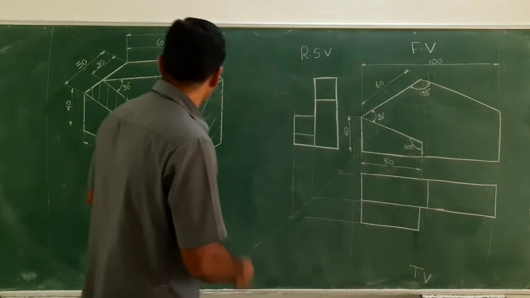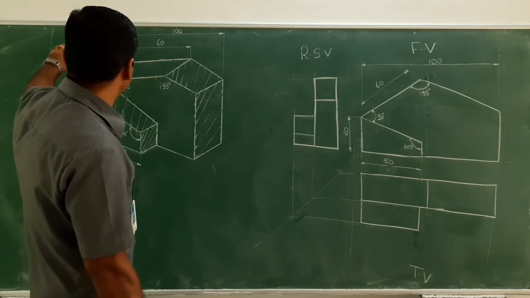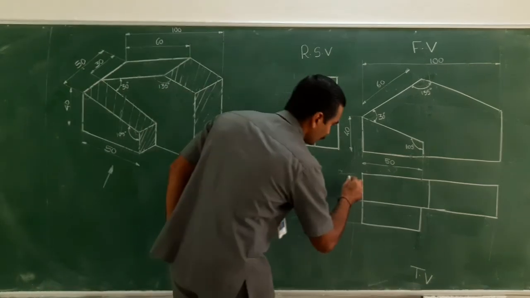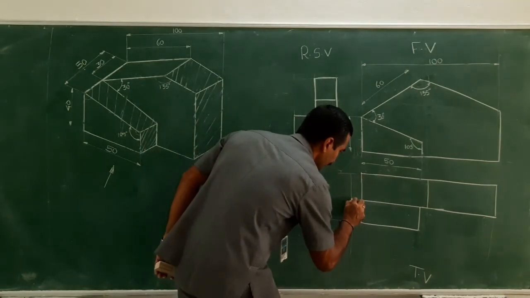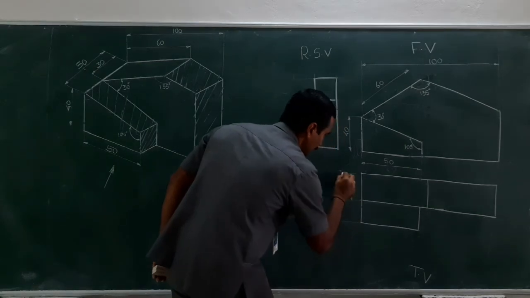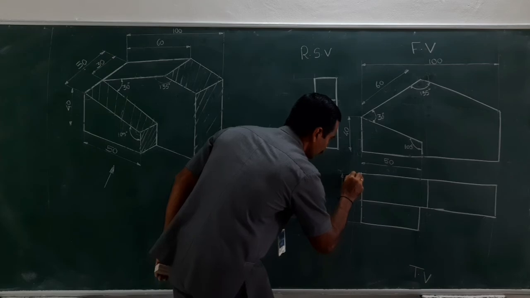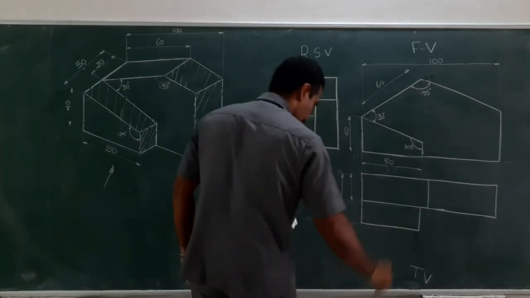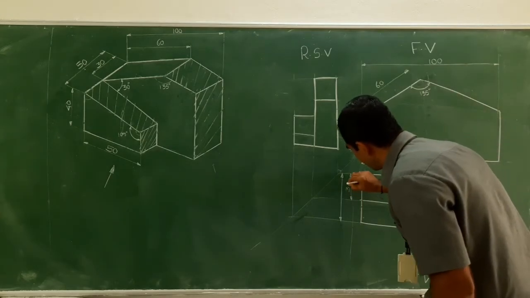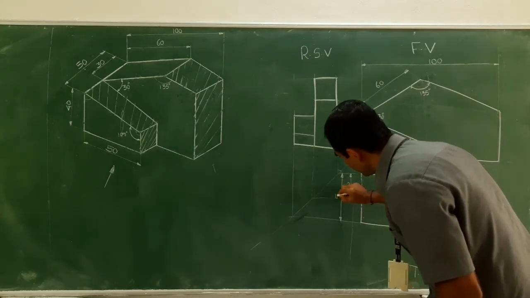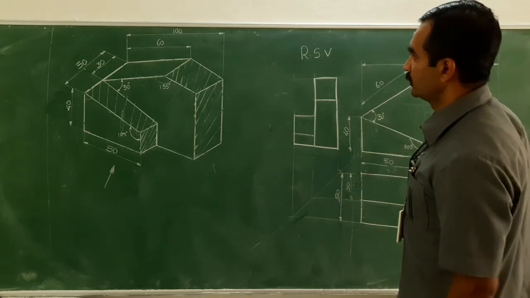Fine. Now let's move to the top view where I have to mention this 30 and 50. So in totality it is 50. So this particular portion is 30 and in total it is 50. Over the dimension line only I need to mark the dimensioning 30 and 50. Right.